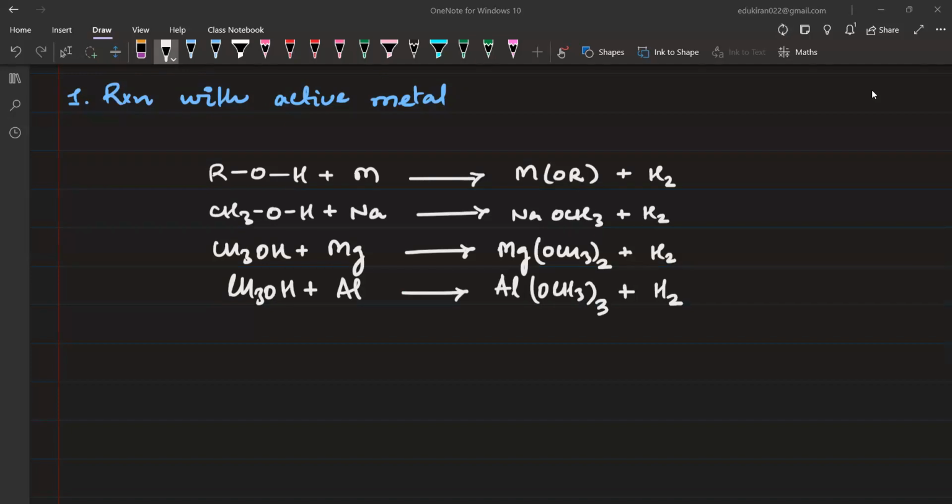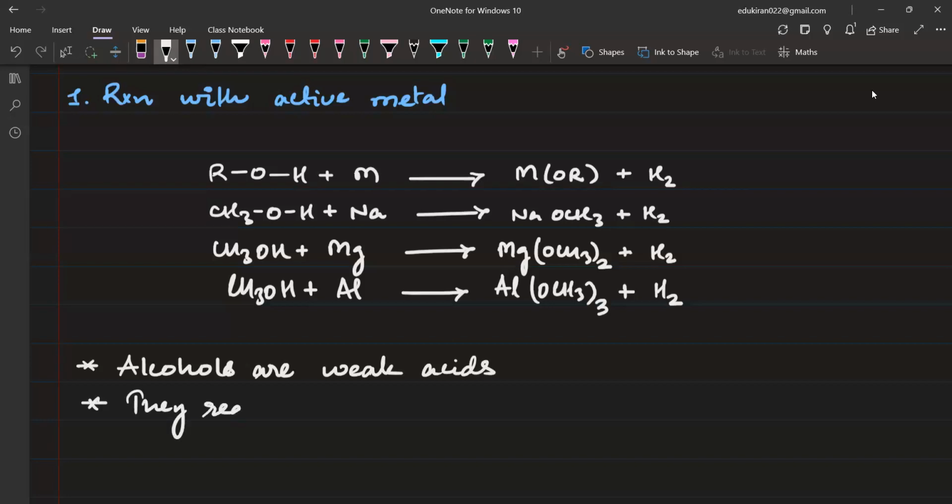So we can say that alcohols are generally weak acids. They react with metals to form hydrogen gas.